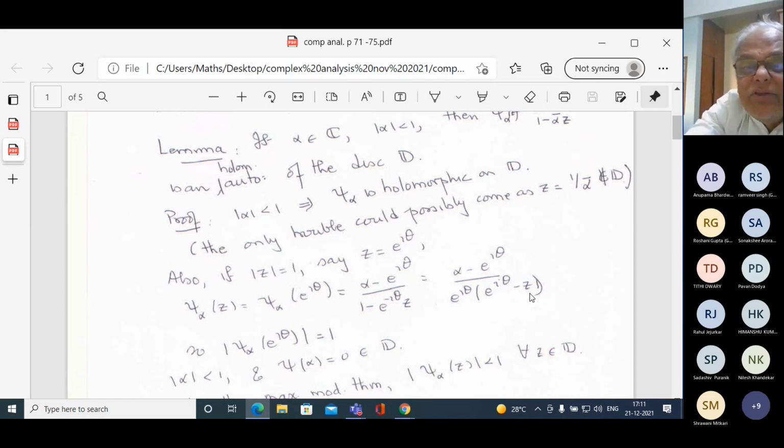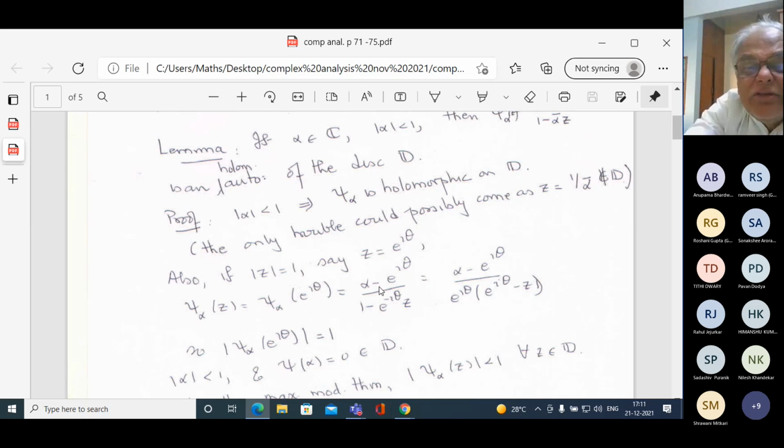I made some mistake here, so what should I write here? Alpha, 1 minus alpha bar z. Okay, so z I'm putting as e raised to i theta. Why is there an alpha and some alpha bar? There's some writing mistake here.